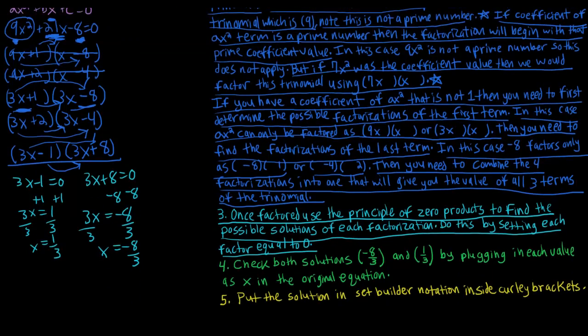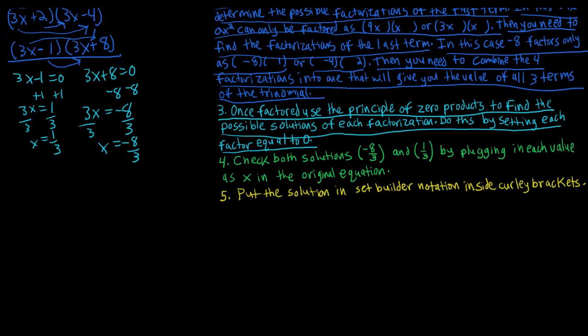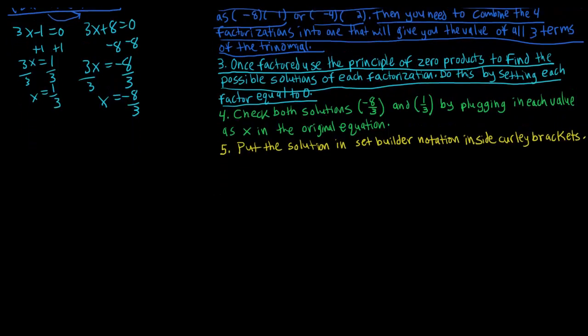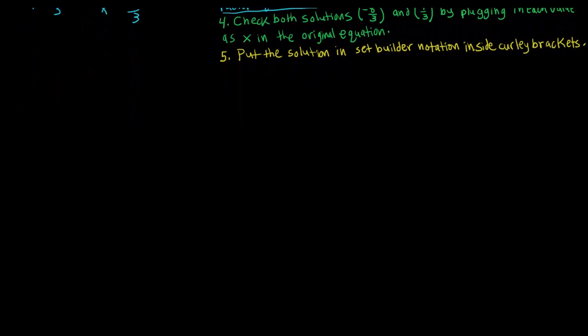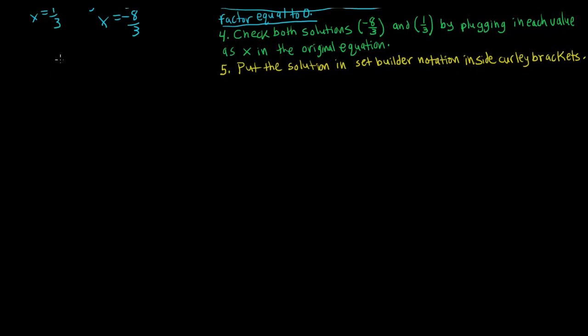But before we know that for sure, we need to go to step 4. And step 4 wants us to go ahead and check both solutions, negative 8/3 and 1/3, by plugging each value as x in the original equation.